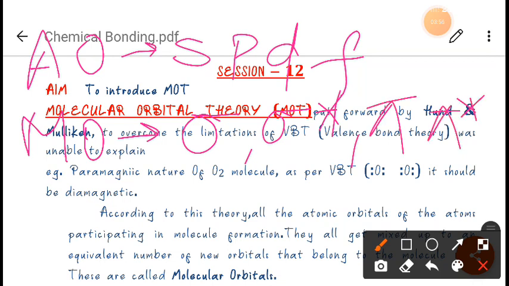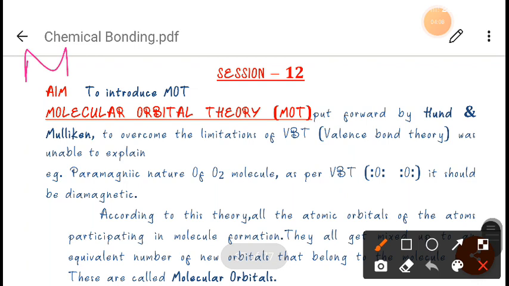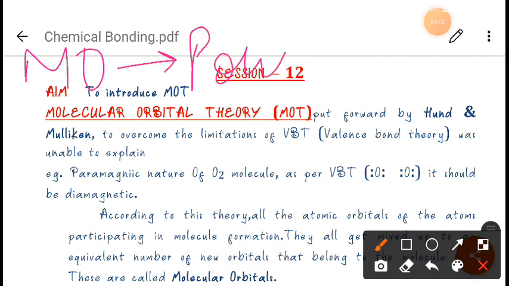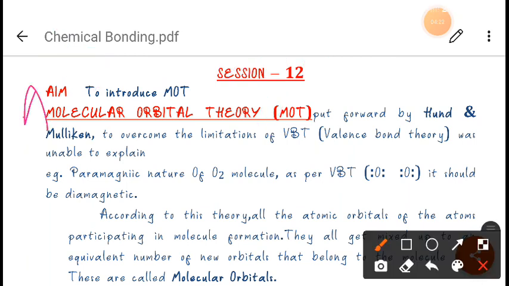Next, atomic orbitals are monocentric, meaning one nucleus only, but molecular orbitals are called polycentric.